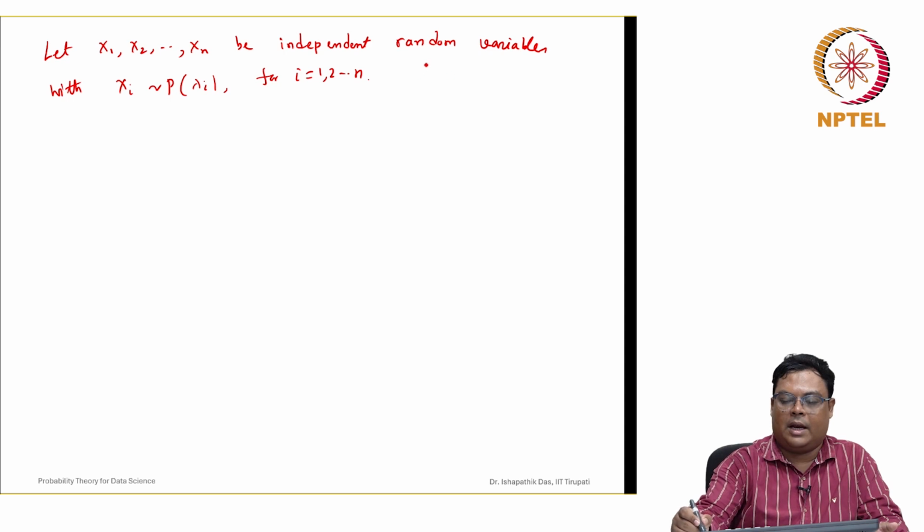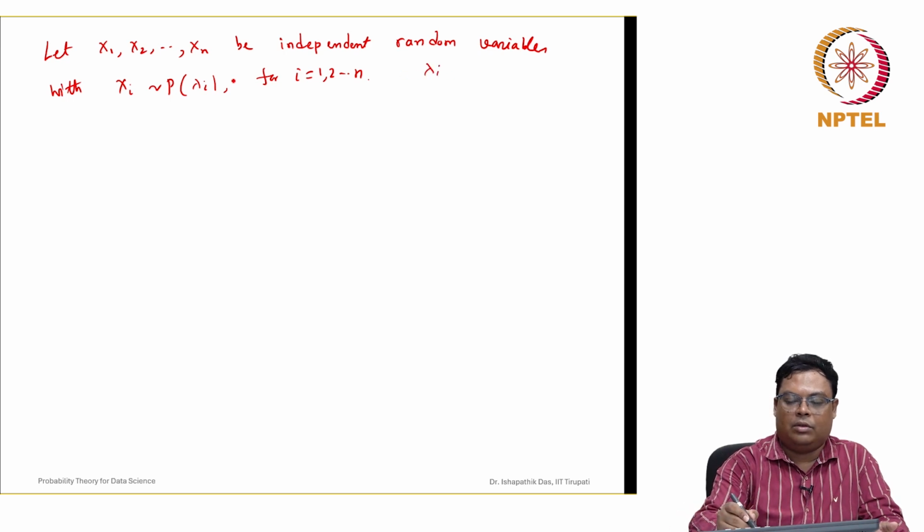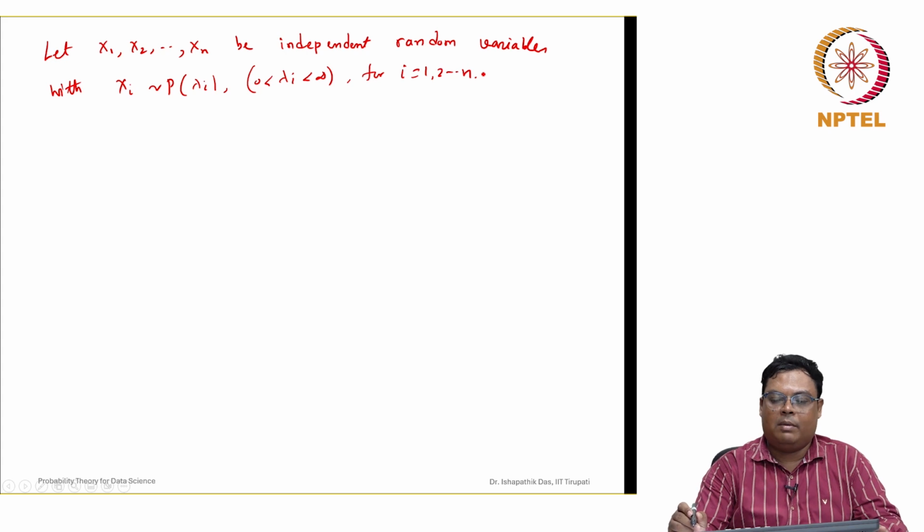So here all lambda_i should be greater than 0, and they are independent random variables.